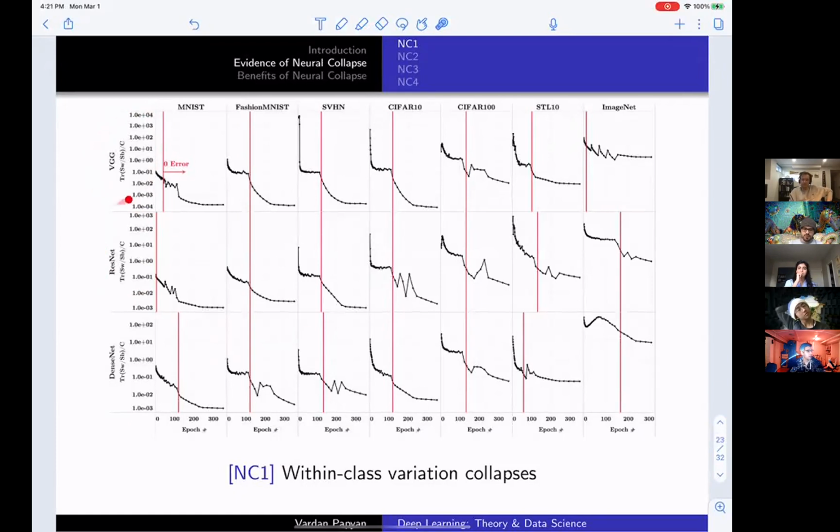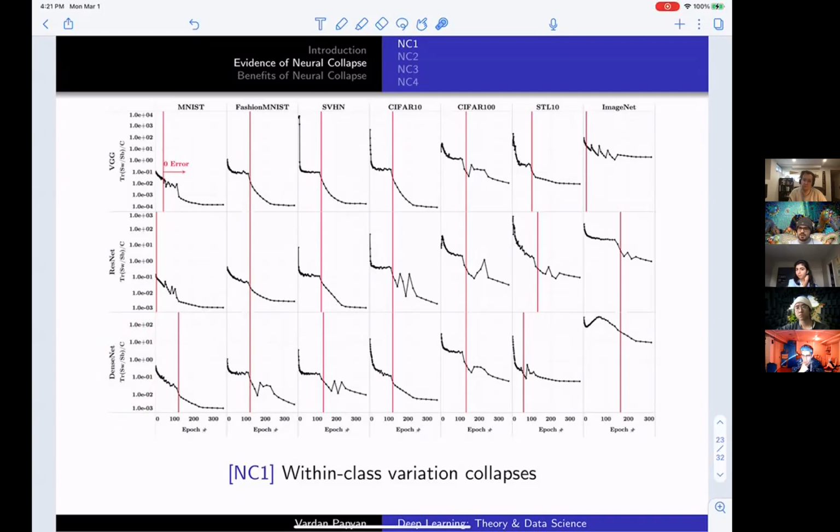The first row is the VGG architecture, which we might have seen in the homeworks. The second row is a ResNet architecture, which we've definitely seen in the homework. And the third row is the DenseNet architecture, the DenseNet model.